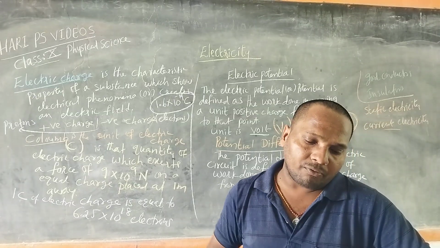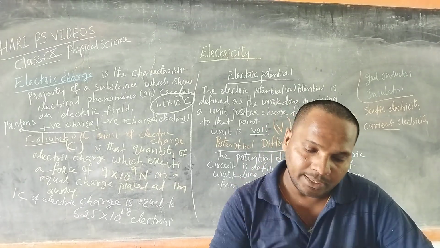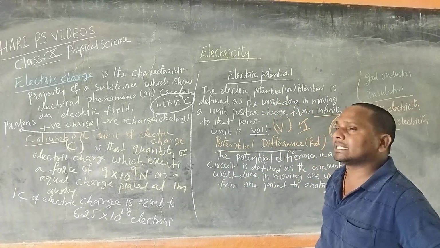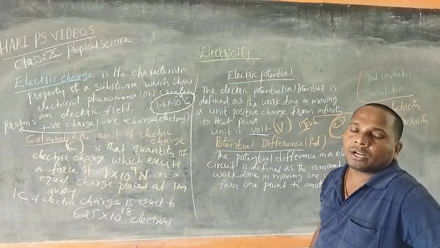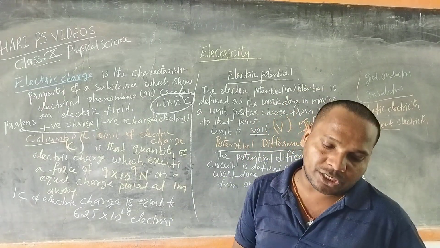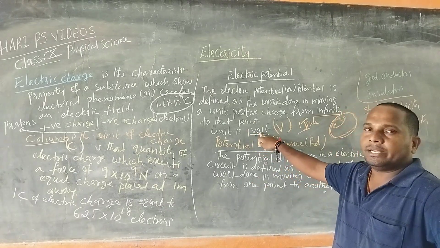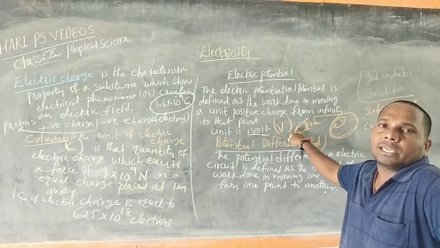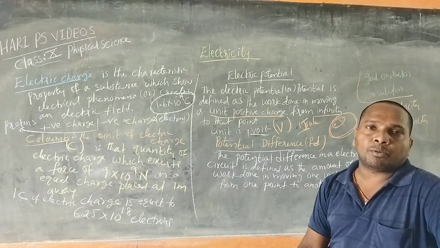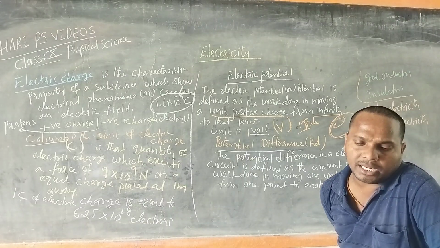A potential of 1 volt at a point means 1 joule of work is done in moving a unit positive charge. 1 volt is when 1 joule of work is done to move a unit positive charge from infinity to that point, and it is called potential or electric potential.